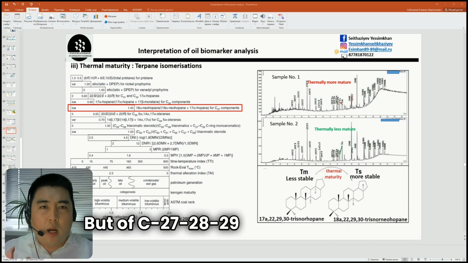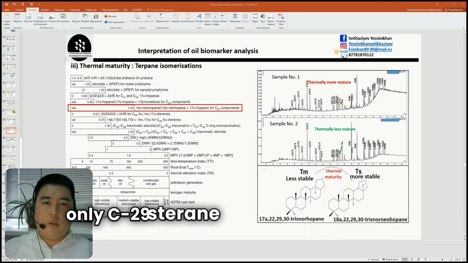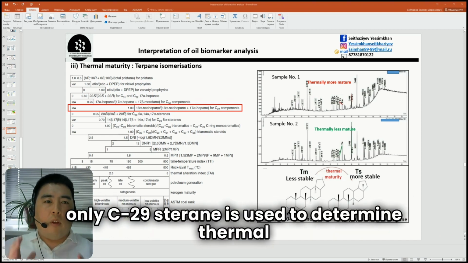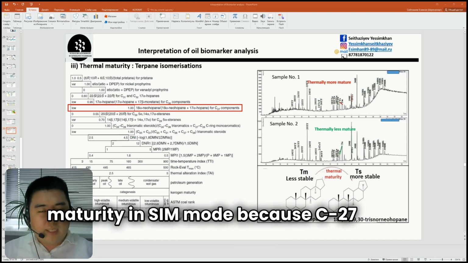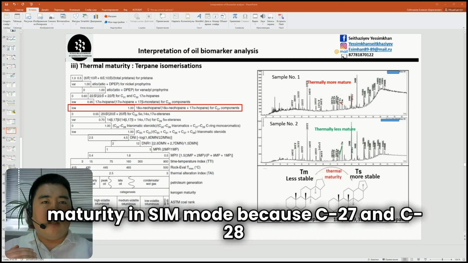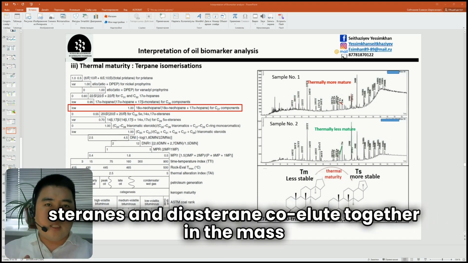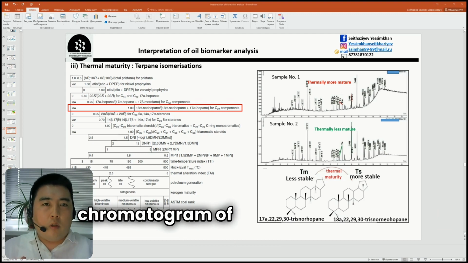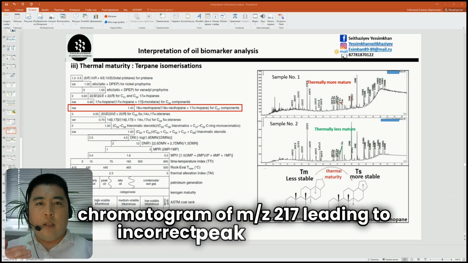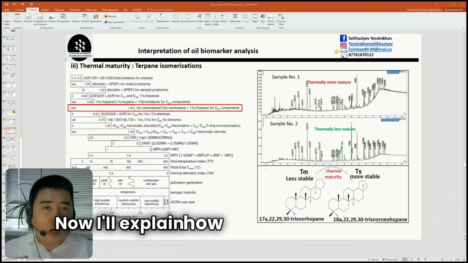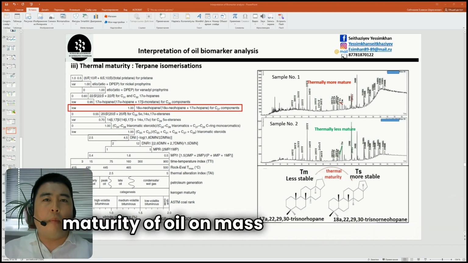Of the C27, 28, 29 sterane isomers, only C29 sterane is used to determine the thermal maturity in this method, because C27 and 28 steranes and diasteranes co-elute together in the mass chromatogram of m/z 217, leading to incorrect peak integration. Now I'll explain how to visually determine maturity of oil on a mass chromatogram.